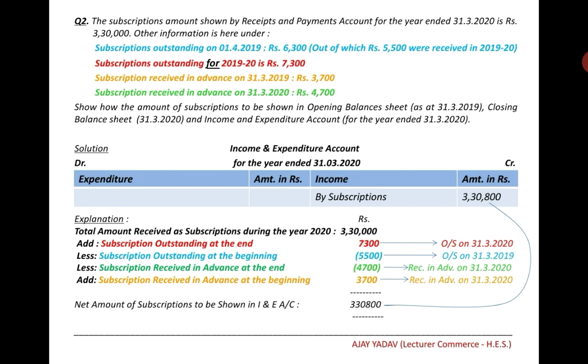Then we less subscription outstanding at the beginning, 5,500. Subscription received in advance at the end, 4,700, we less from subscription received during the year, and then we add subscription received in advance at the beginning, 3,700. The amount comes to 3,30,800.